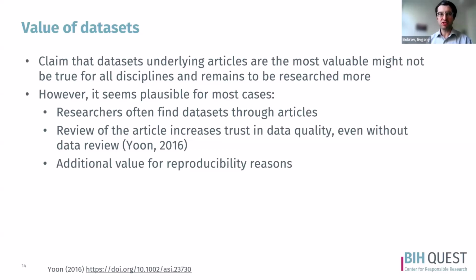And lastly, in addition to the possible new uses of the data set, the fact that it has been shared with an article also creates an additional value, because it can be used to reproduce the findings in the article. So for all of these reasons, at this point, and at least for biomedicine, it's fair to assume that data sets underlying research articles are particularly valuable to share.